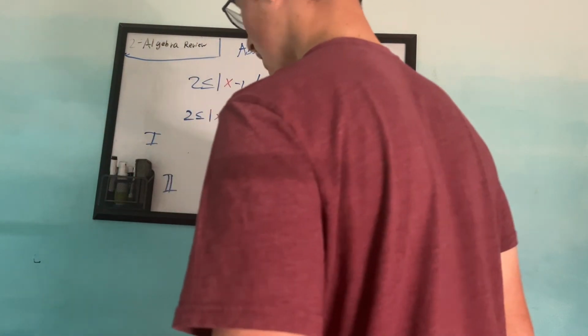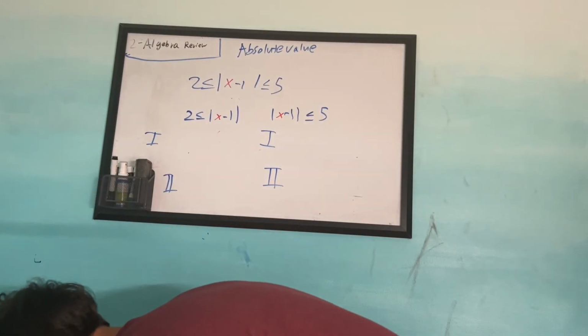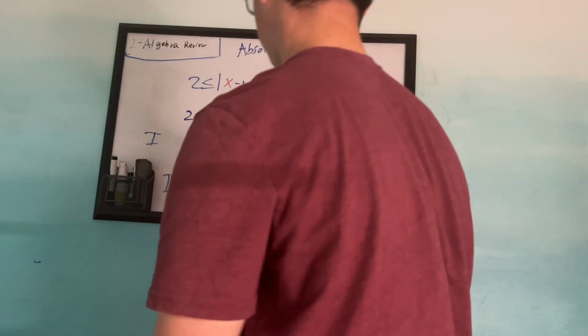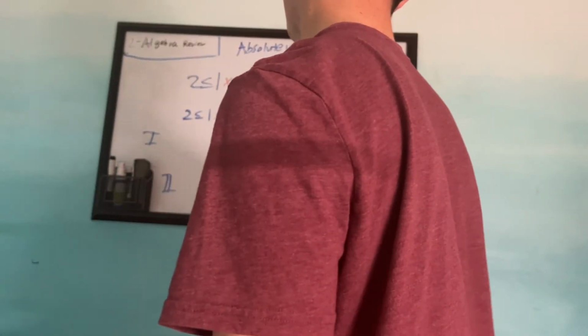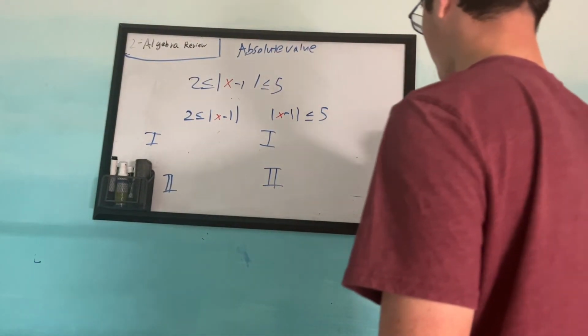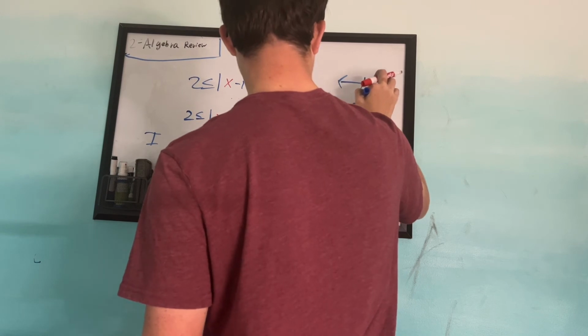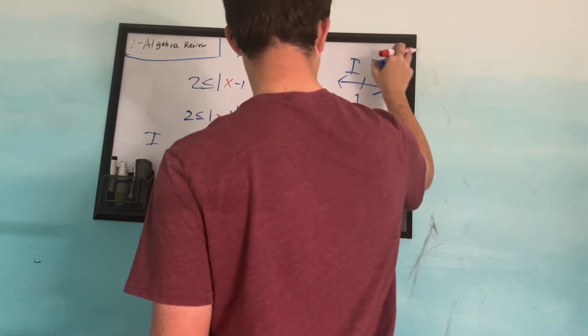The case we're working with is x greater than or equal to 1, or well, x is equal to 1 as the center of the case. I had to look at my notes for that. It's literally x minus 1.